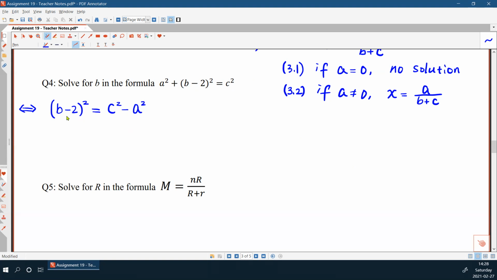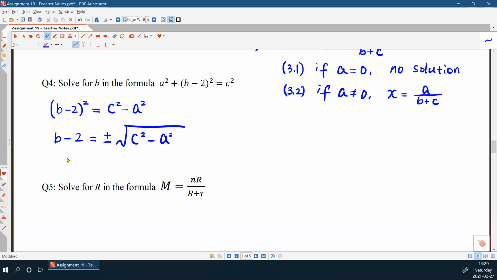So we know that (b minus 2) squared equals something. That means b minus 2 is the square root of this thing, right? But remember that it can also be the negative square root, right? Can you follow me? So now you know b minus 2 is this.